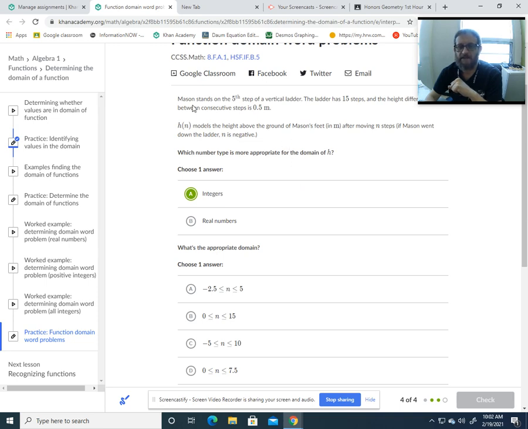Now, he can only go down 5 steps. That's where n is negative if you go down. If he went up, he would get to 10. So n has to be between -5 and 10. If he went 5 steps down, he'd be at -5. If he went 10 steps up, he'd be at +10.